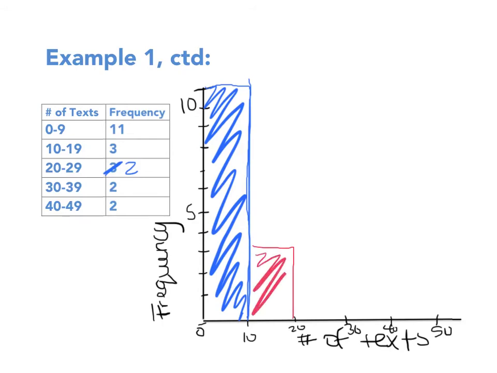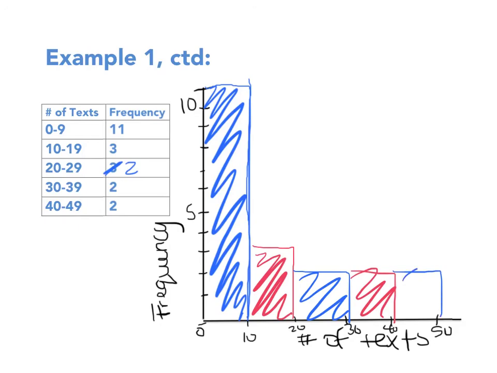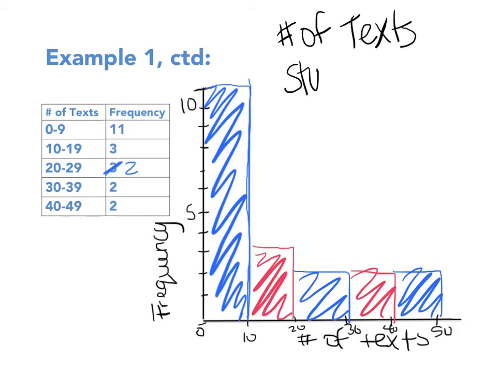I'm just going to rotate colors so it's easy for you to see. Remember, they don't touch. 2, 2, 2. And our histogram is complete after I put a title, number of texts students sent. Okay. If you have questions about building one of these, let me know.